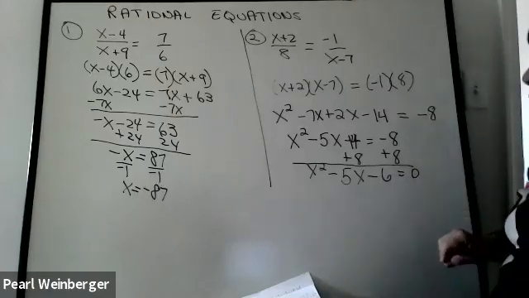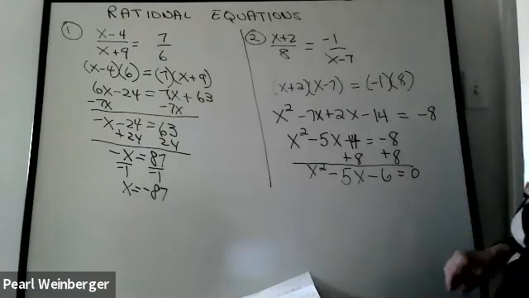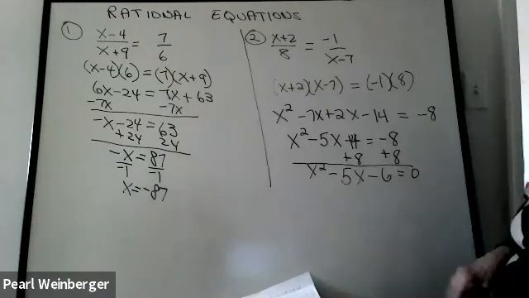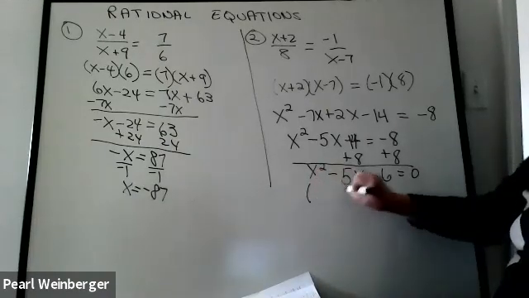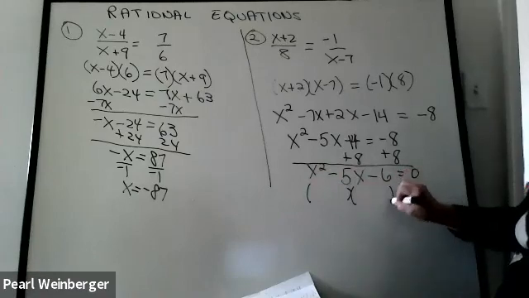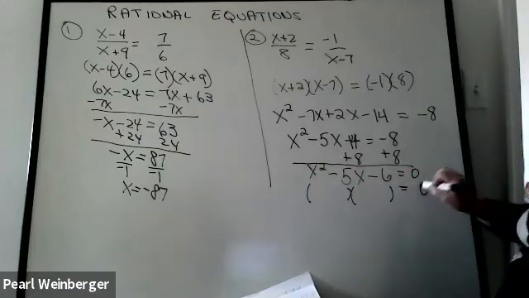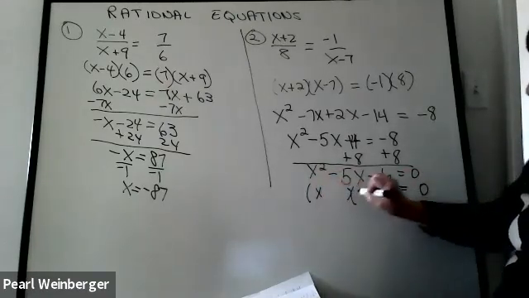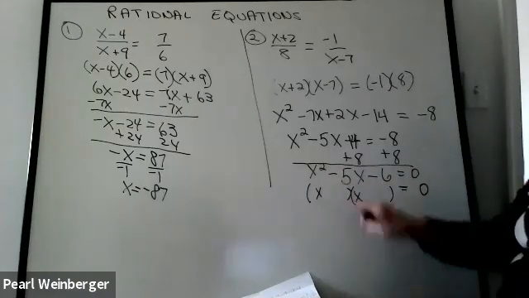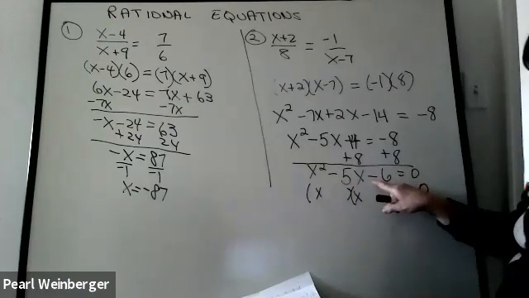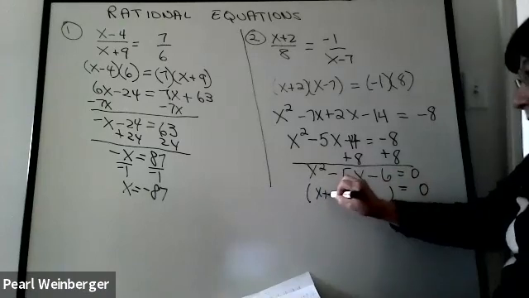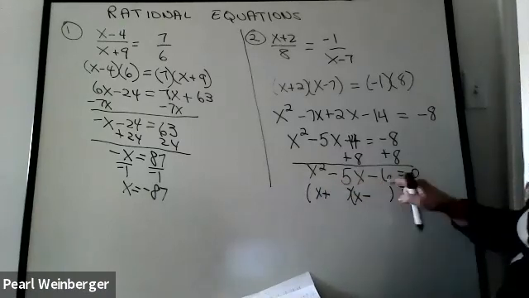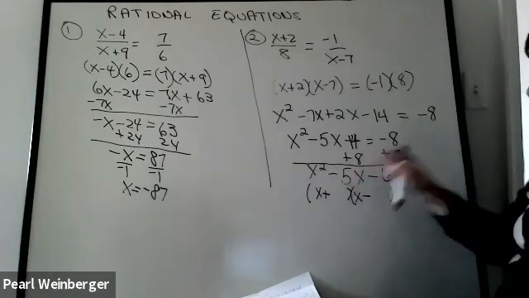And remember, what you have to do in this case is factor. So if I factor this trinomial, I'll get x and x. And since the last term is negative, remember one becomes positive, one becomes negative. We need two numbers that multiply to 6, but when I subtract them, they give me 5.